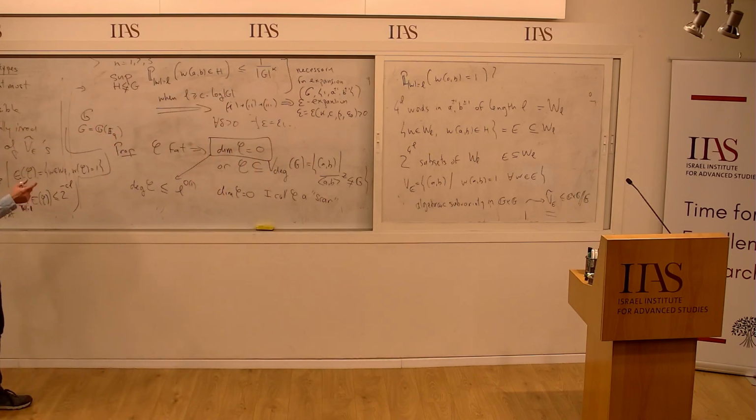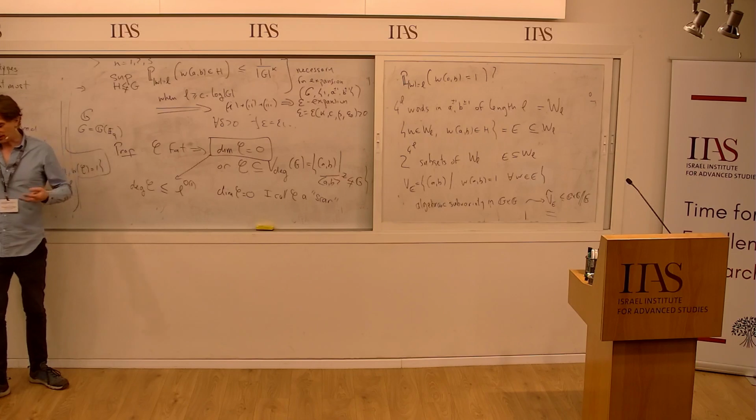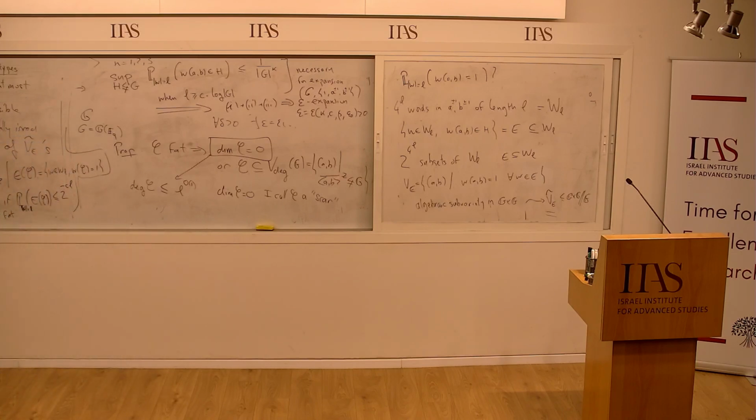Because this corresponds to a pair which somehow, when I look at the words, all the words applied to this pair, there would be too many words that are equal to the identity. So for this pair, the associated K-graph of the group looks like it generates G of Q, but it sort of pretends to generate a proper subgroup of G of Q.